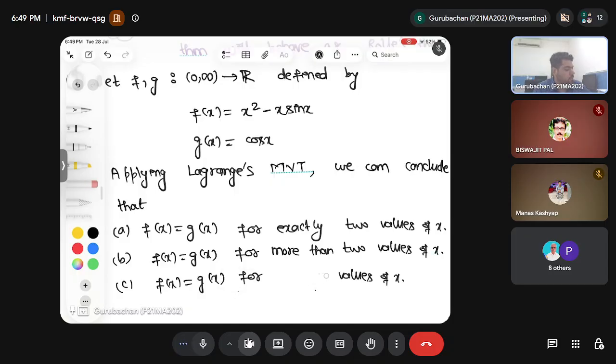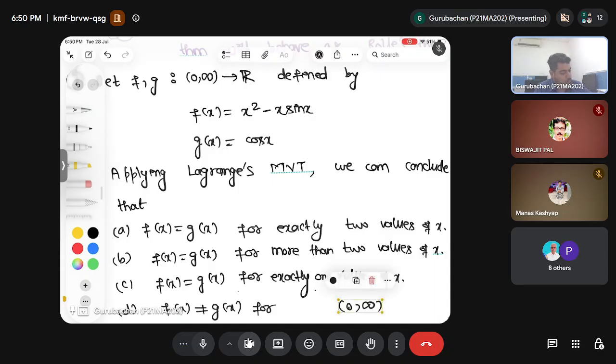And the last one, the D option, is f of x is not equal to g of x on the whole interval 0 to infinity, or for any x in 0 to infinity.